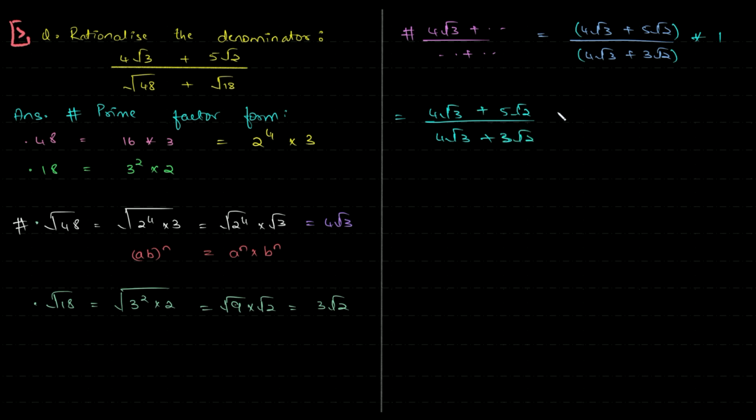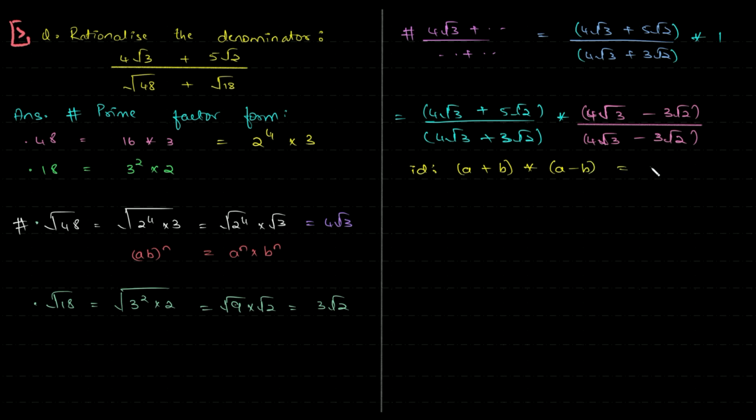So we are going to multiply and divide with the same expression as this, just that we have a negative term in this manner. The identity is (a plus b) into (a minus b), which is nothing but a square minus b square.